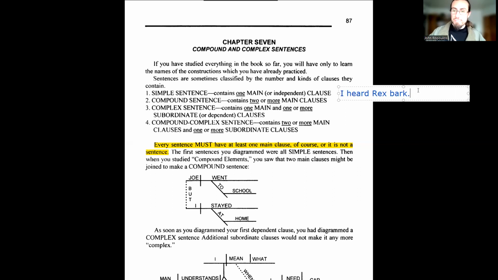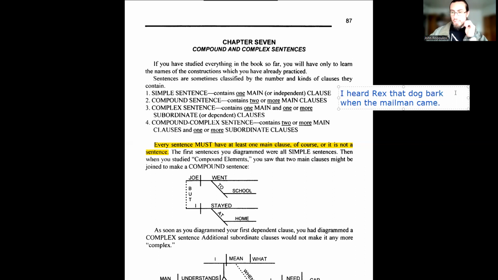And we could add many subordinate clauses. We could add a noun clause, an adjective clause, and an adverb clause all at the same time, right? I heard Rex, that dog, bark when the mailman came.